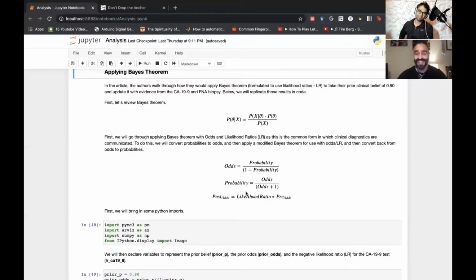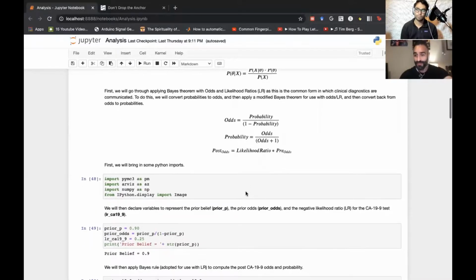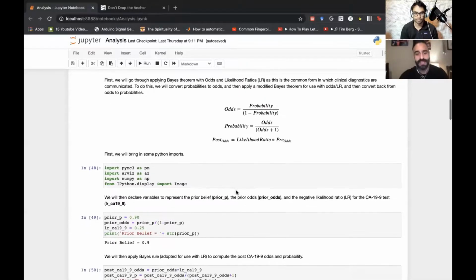There's some conflation, unfortunately, with how the terms are used, but Bayes theorem is not Bayesian inference. So what is Bayesian inference, right? If you notice something here, we're going to first do Bayes theorem, and then we're going to get to Bayesian inference. And we want to highlight in this notebook and in this session what is the difference between Bayes theorem and Bayesian inference. So let's first just do what they did in the paper.